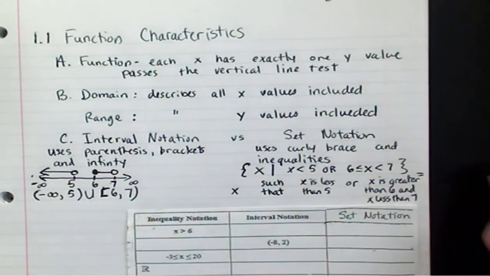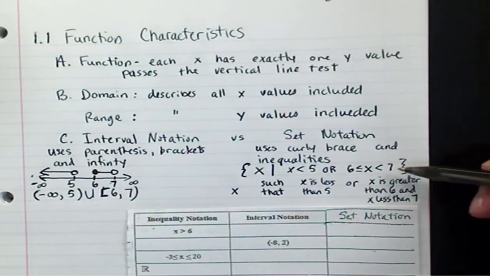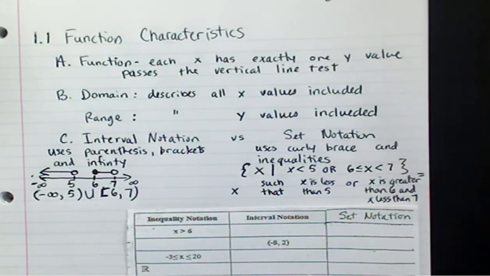I'm not actually going to have you guys write out the words, but that's what you would write. You would write it the way he said it, but this is the inequality I would like to see.